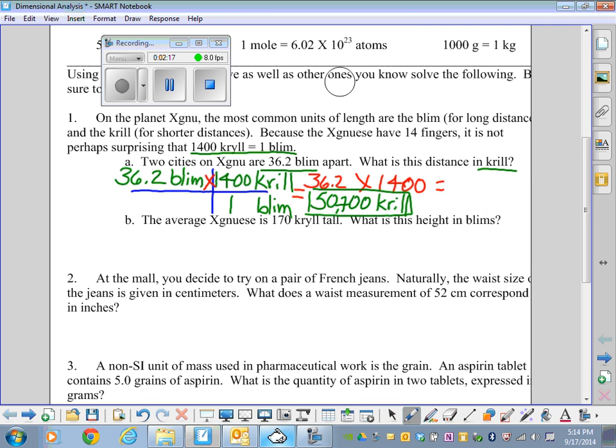So continuing on, and we'll get rid of our calculator at this point.